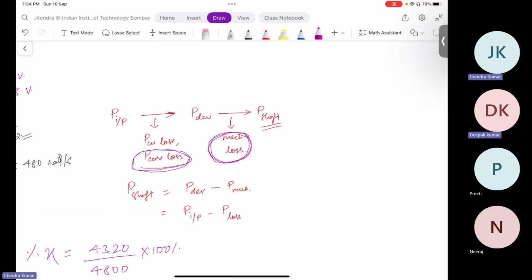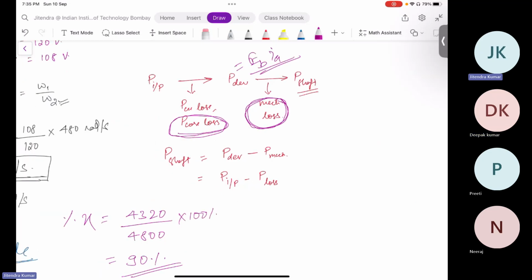Without current, copper loss is eliminated. No power will be developed because power developed is equal to EB into IA. So you are left with only losses, and losses will not come from the sky. They will have to come from the supply. To rotate the machine, it will incur certain losses, and that will have to be catered from the supply. It will not be magic.